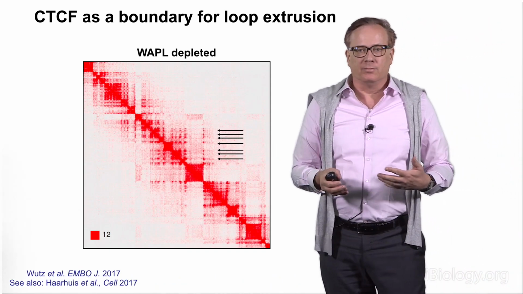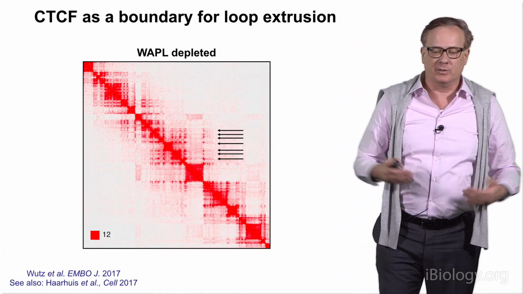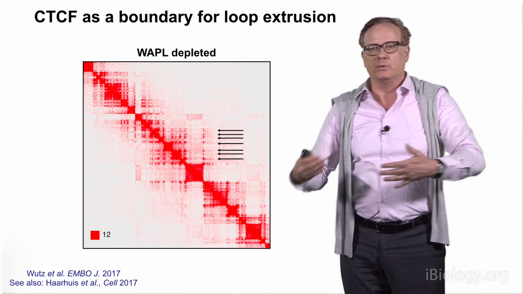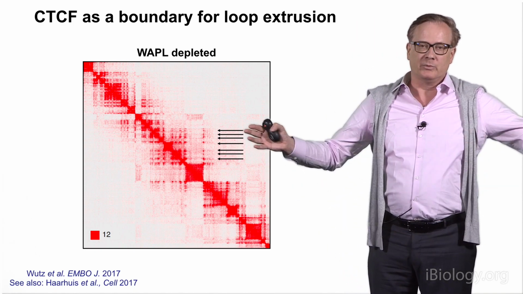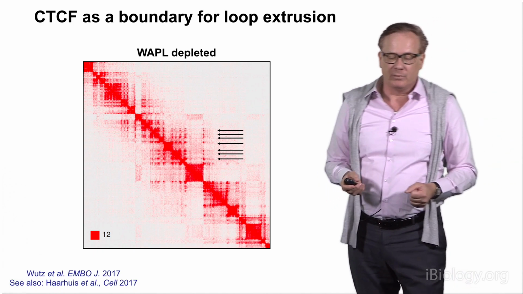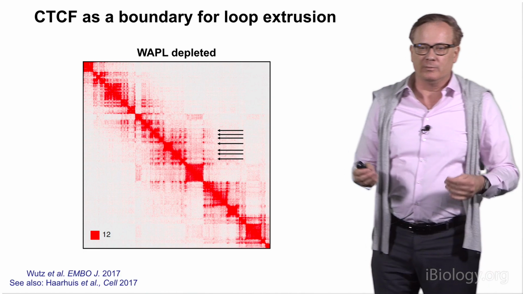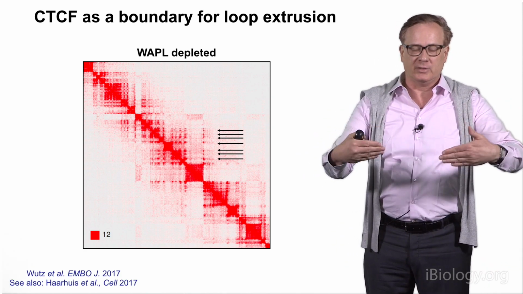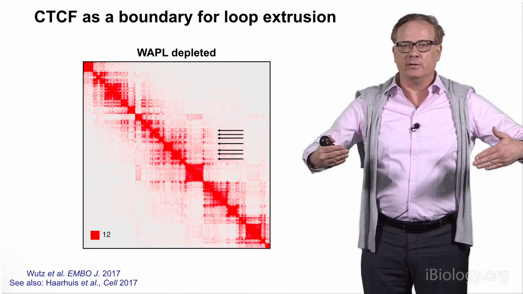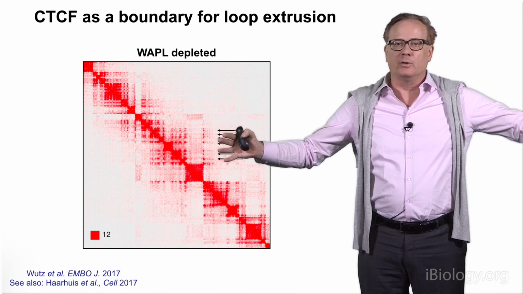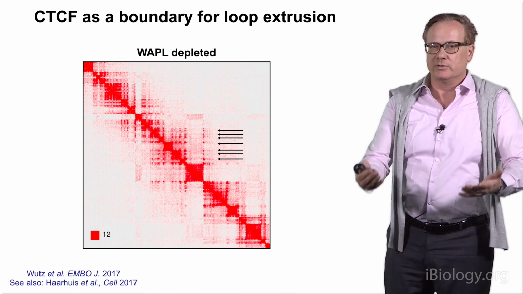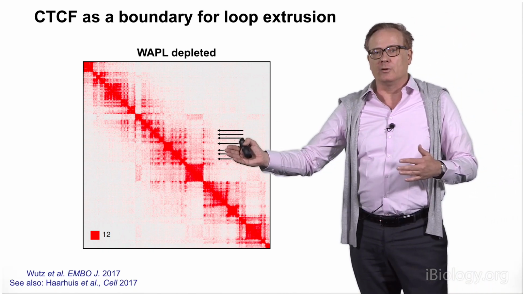Now, that in itself then represents another complication, because if these CTCF sites function as boundaries for loop-extruding cohesin complexes, why would the loops then become longer if WAPL is depleted? And we don't know the answer to that, but one has to postulate that they do become longer because these boundary elements, these CTCF sites, are only transient boundaries, either because CTCF dissociates and rebinds, and while it does that, cohesin can go past and form a longer loop, or perhaps because cohesin can somehow at some point jump over such a CTCF boundary and thereby form a longer loop.